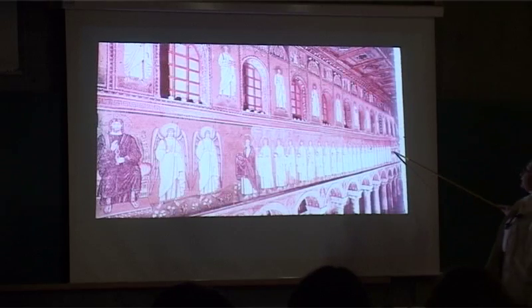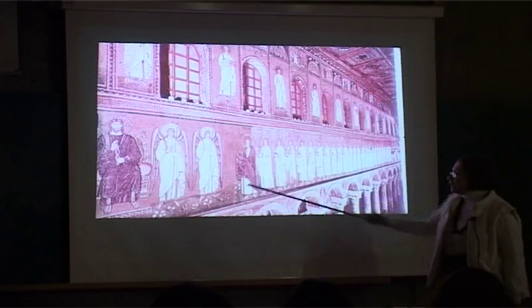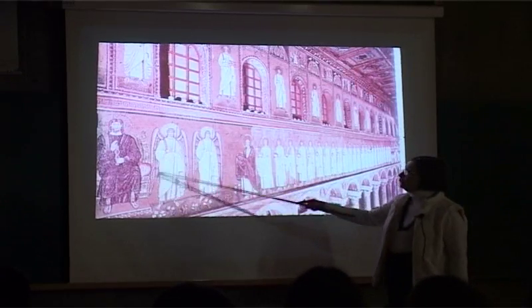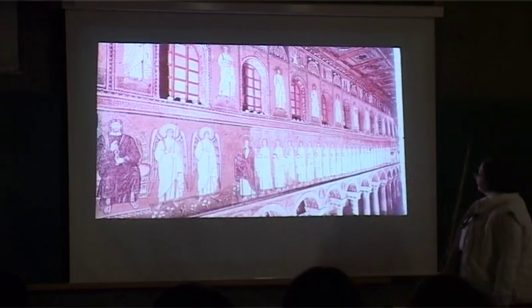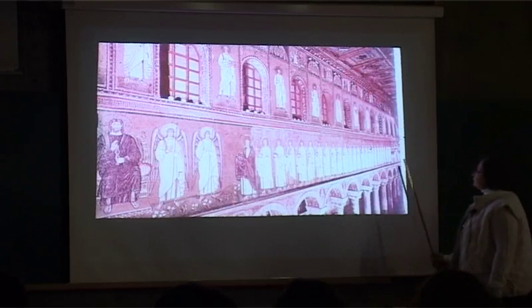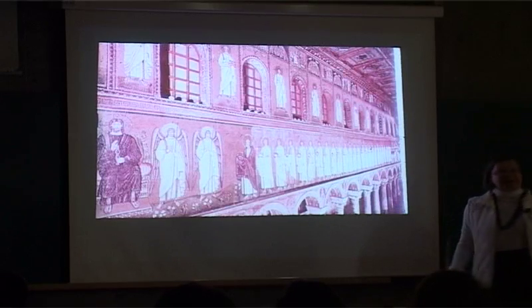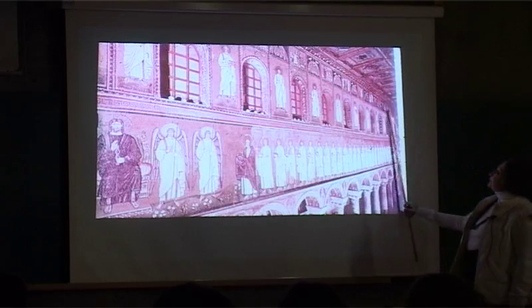So you see the female saints moving toward the apse, but in the mosaic panel, they are actually moving toward enthroned Christ. And the rhythmic repetition of the columns is continued, as I said, with the rhythmic progression of the saints in the same direction.